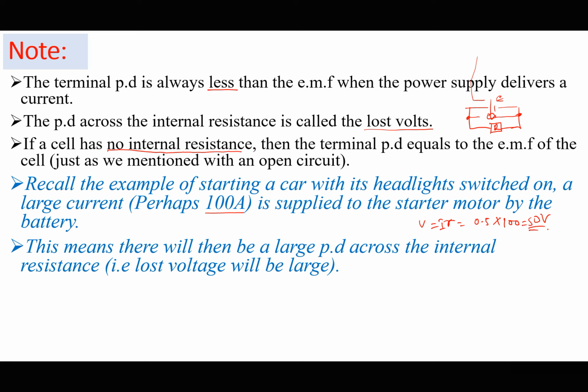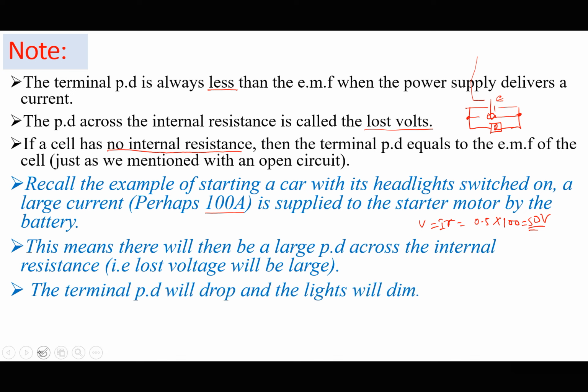So there will be a large PD across the internal resistance, which is the lost voltage, approximately 50 volts. It means the terminal PD, or the PD across the headlamps, will now drop. Let's say the EMF of the battery used to light the headlamps is 100 volts, and the internal resistance of the battery is 0.5 ohms.